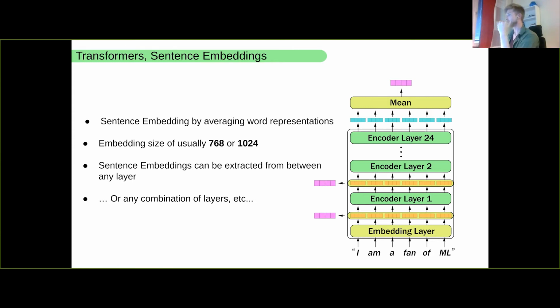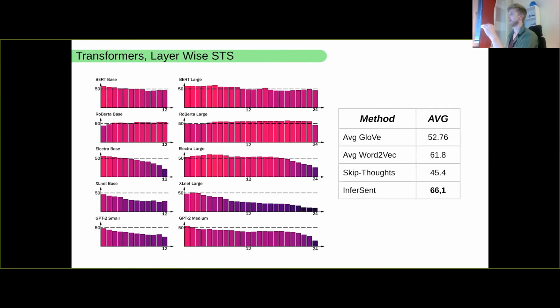However, if we just analyze the actual sentence representations that we get throughout the layers, we see that they do not perform as well. So what we've done here is that we've taken 5 of the most common transformer models, and we extract sentence representations per layer.